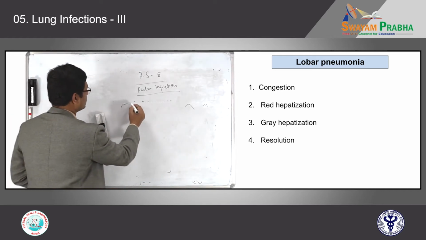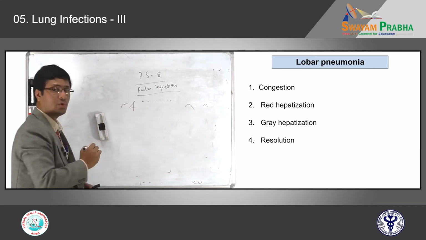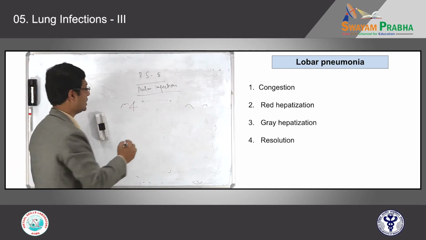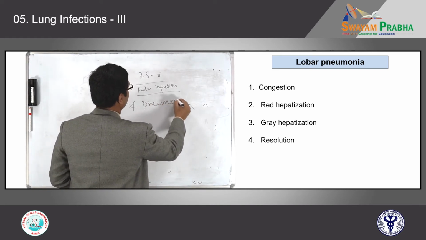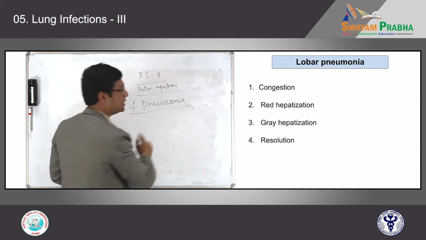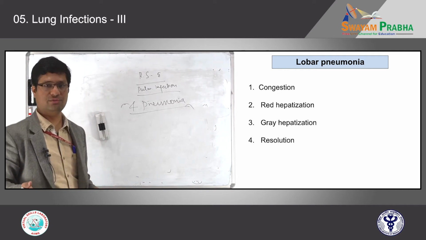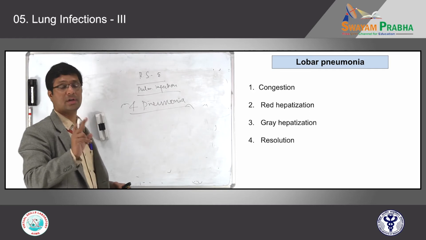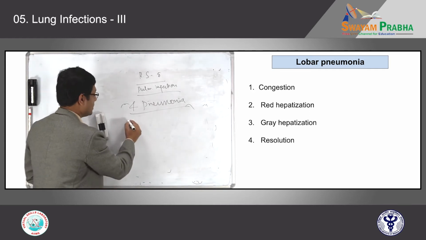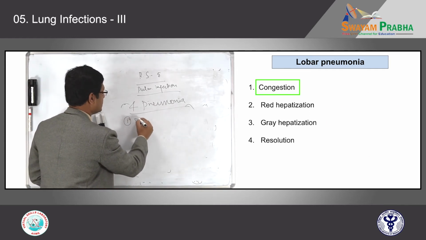When we say lobar pneumonia, all the books mention certain stages. There are four clearly mentioned stages in lobar pneumonia, depending on the duration of infection or inflammation. The first stage, when the infection occurs in the lung, is the stage of congestion.